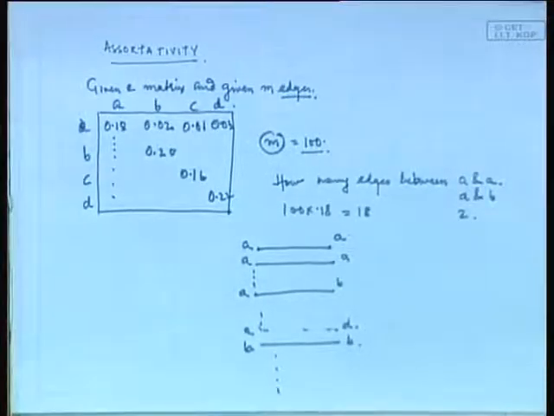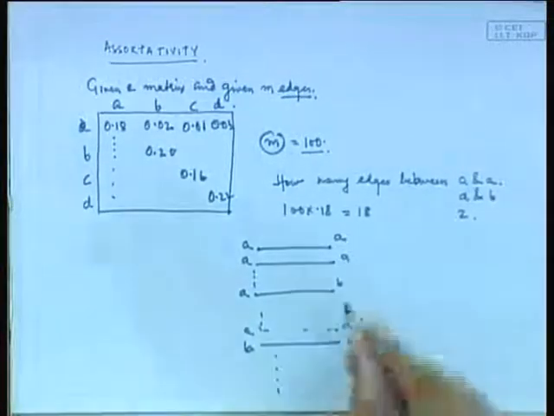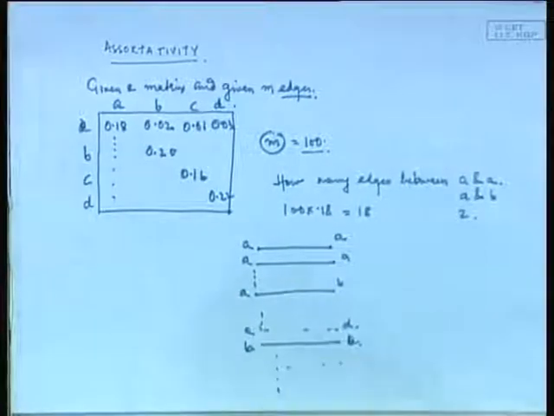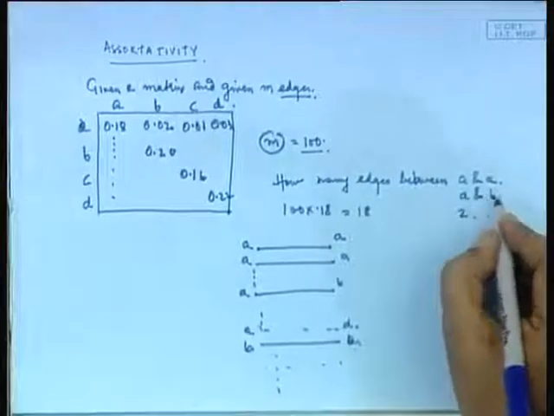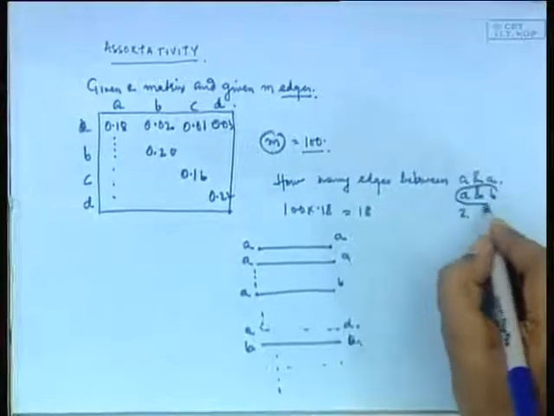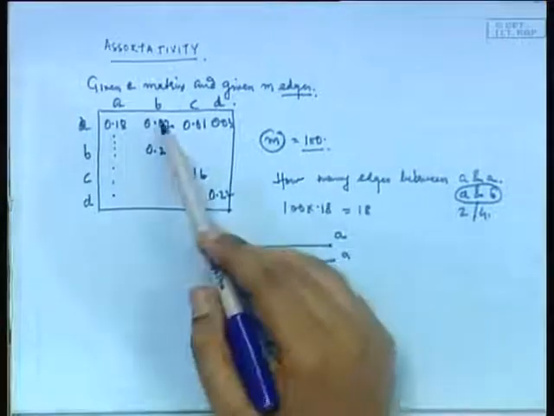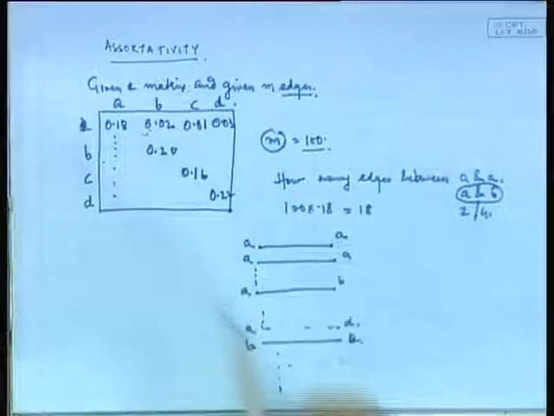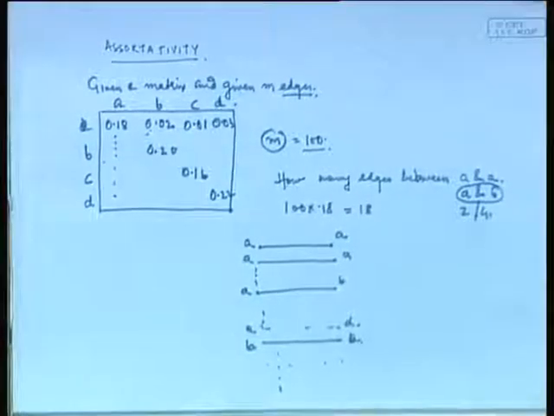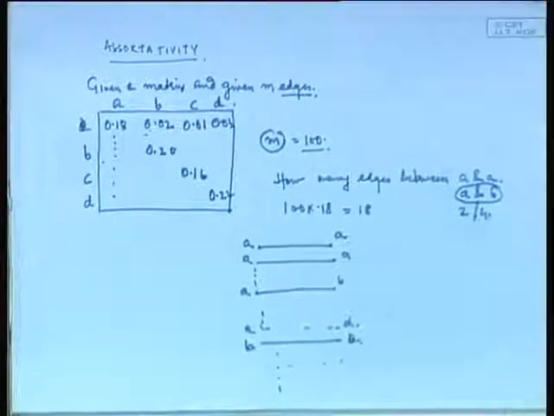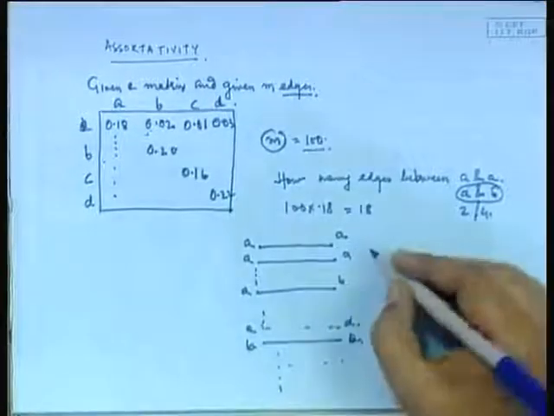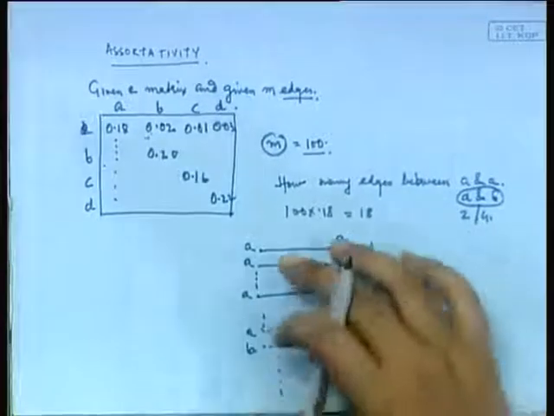So, I can have BA, then BB. Means this will be actually 4, because I have to consider BA and AB both. Okay, because this is a E matrix and this is symmetric. So, BA and AB will have 4 both together. Okay. So, now this is there.